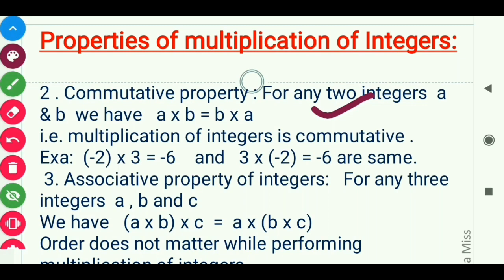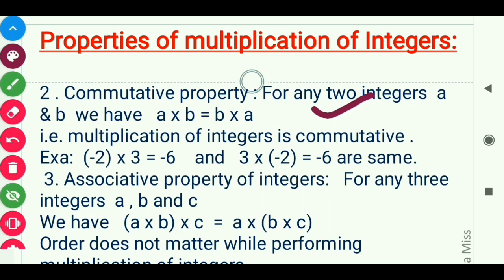In addition we have a plus b is equal to b plus a. There also we changed the order of addition and the result was the same. And here also when you change the order of multiplication, the result is still the same, that is a into b will give the same result as b into a.